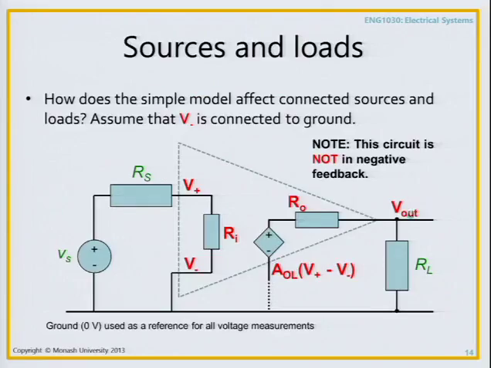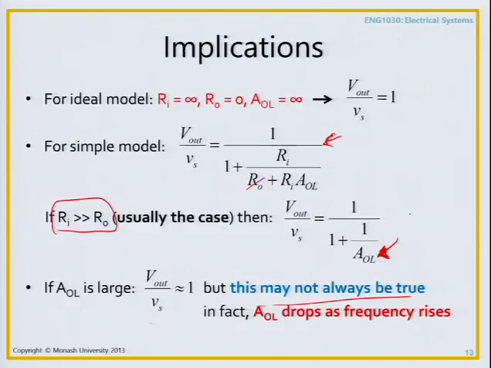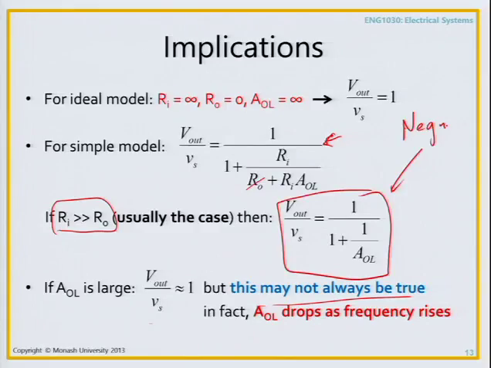Oh, also the other implication of this thing, a very big implication, which I almost missed, is that this all comes about because of negative feedback. Someone asked last Wednesday, why do we care about negative feedback?